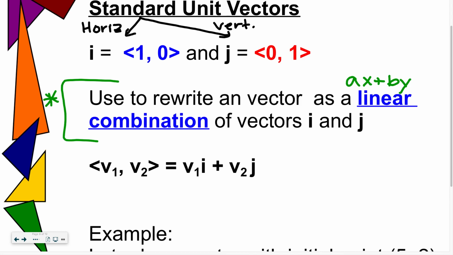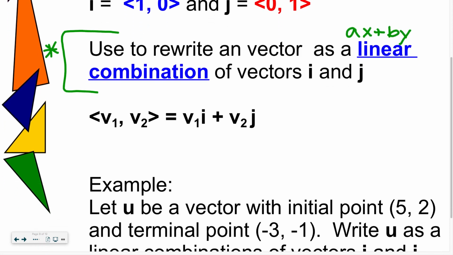You can take any vector in its component form, v sub 1, v sub 2, and without any work at all, you can change it into a linear combination.